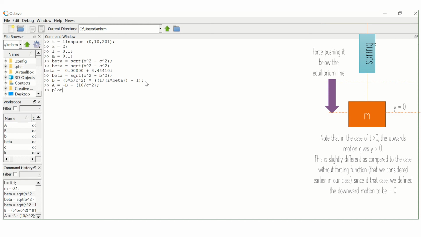So what we are going to do is plot t. Before that, I forgot to insert the y. So y equals exponential minus bt, then this is the oscillating part, plus this is the forcing function, right? In this case, this is a constant force which is applied at t equals 0, at the starting point.